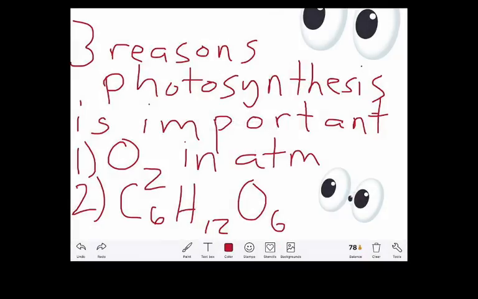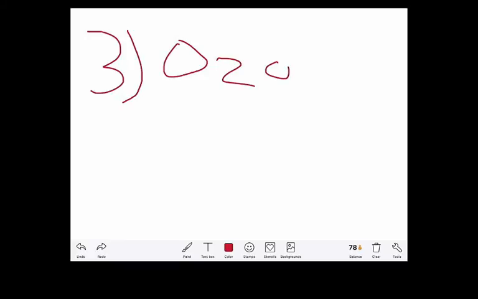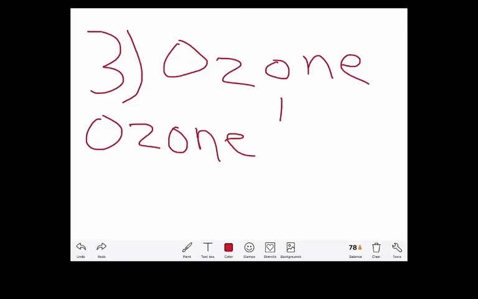The third reason that photosynthesis is so important is the production of ozone, as in the ozone layer.